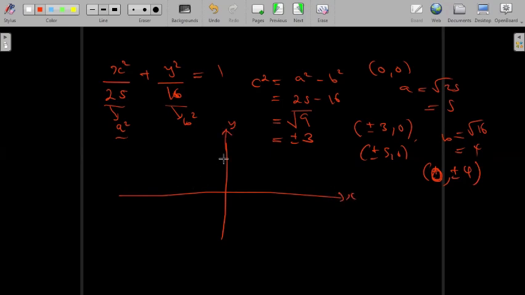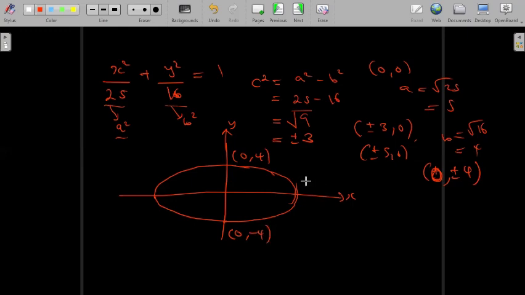When you sketch, it's going to pass there, go all the way, then come like that. I'm approximating; you can get a better approximation than this. This part here is 0 comma 4, because it's in the minor axis, and where it crosses below, that is 0 comma negative 4.